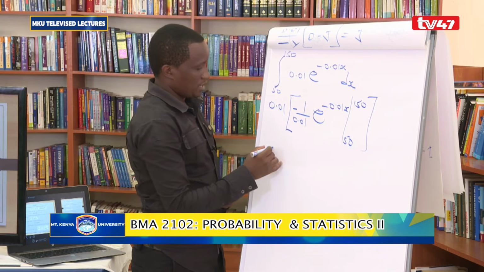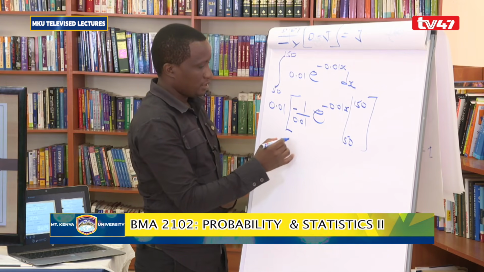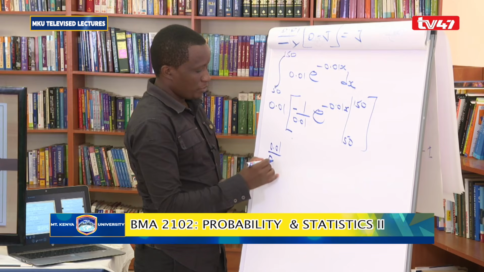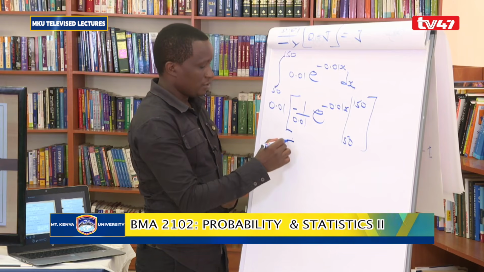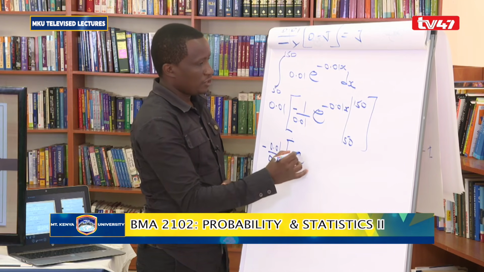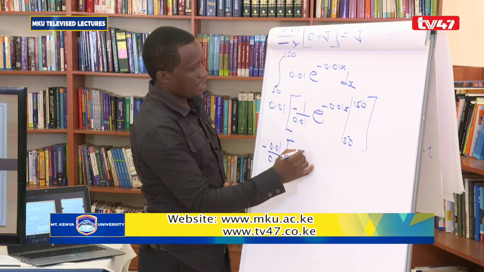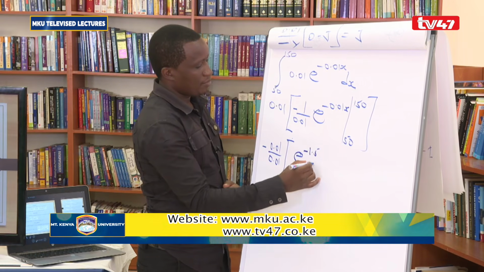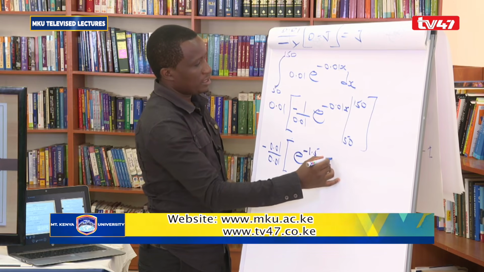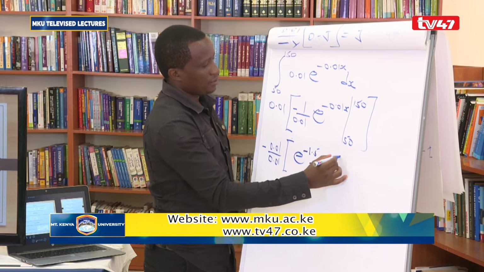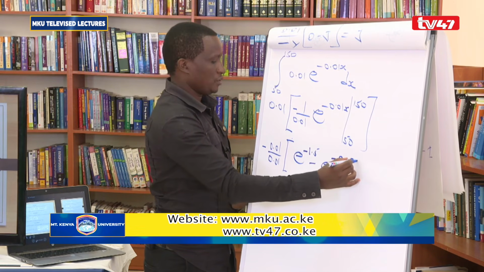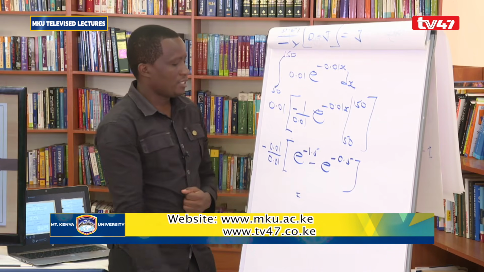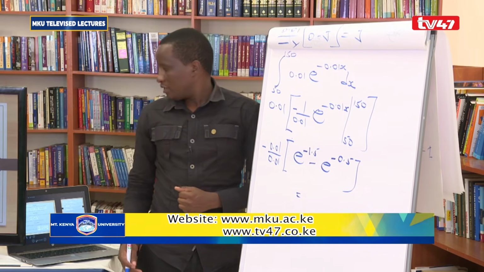And of course, this will be 0.01 divided by 0.01, negative, then exponential negative 1.5 minus exponential negative 0.5. So placing this in the calculator, you'll get the corresponding probability of x.